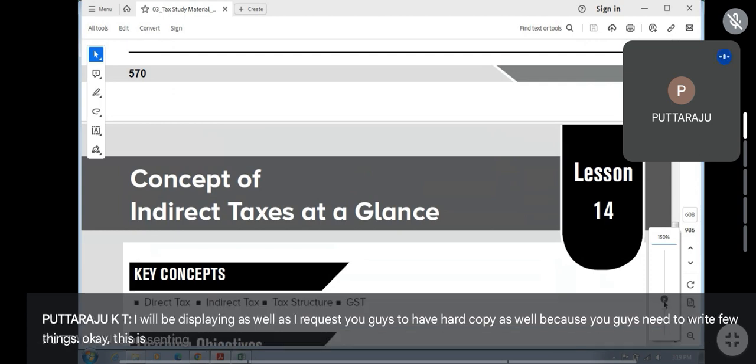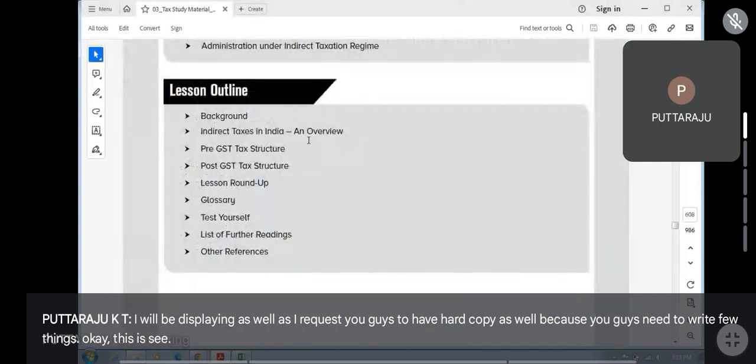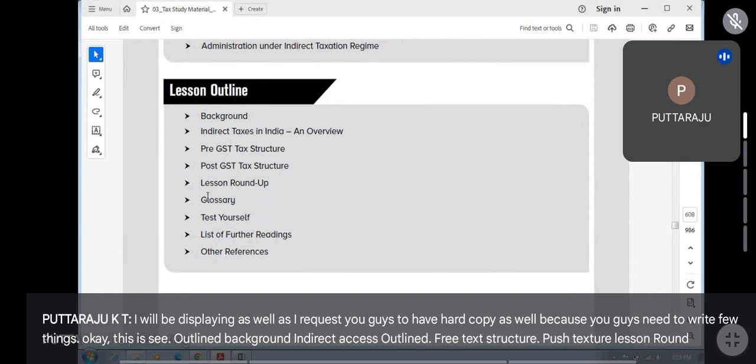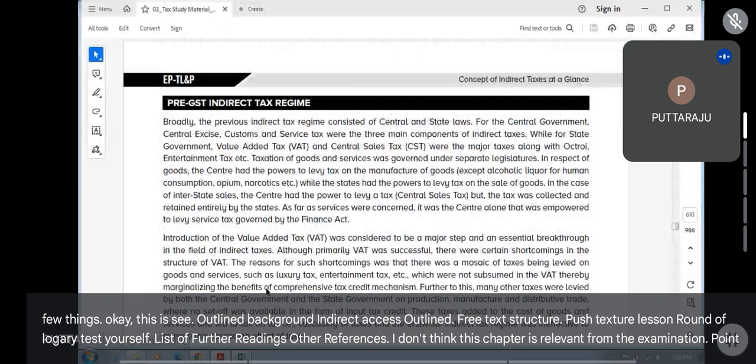Okay, this is the outline they have given: background, indirect taxes, pre-tax structure, post-tax structure, lesson roundup, glossary, test yourself, list of further readings, other references. I don't think this chapter is relevant from the examination point of view.